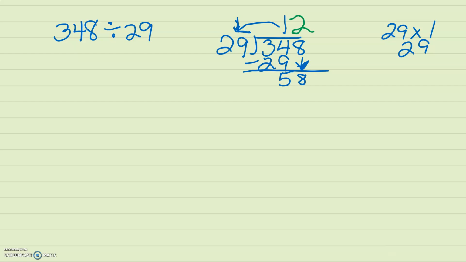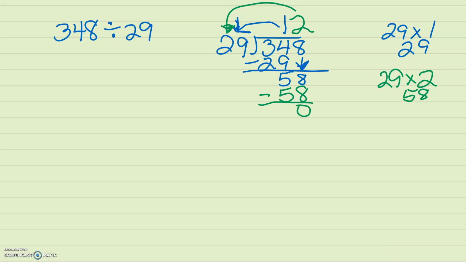Then we do 2 times 29. 2 times 9 is 18, so it's 8, and then carry your 1, which gives us 58. So we write down our 58 and we subtract. And 58 minus 58 is 0.